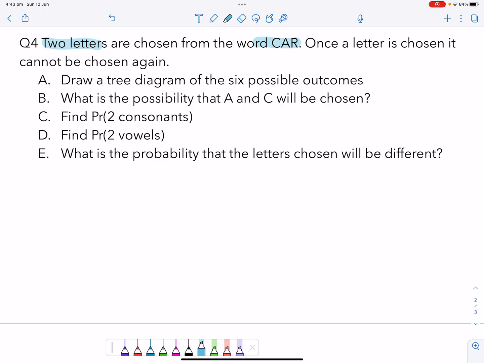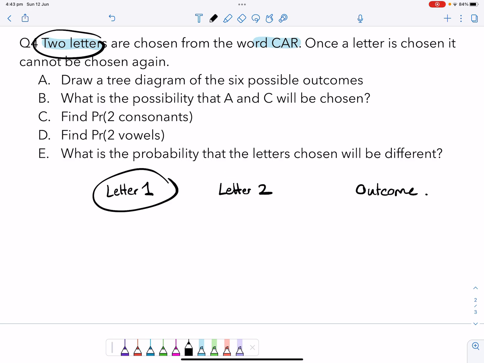So that sounds like I've got 2 events. All right, so I've got letter 1, and then letter 2, and then I'll have an outcome for the combination. The 2 letters correspond to my 2 letter pickings, or 2 events.